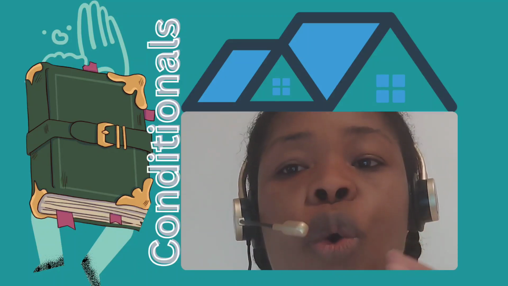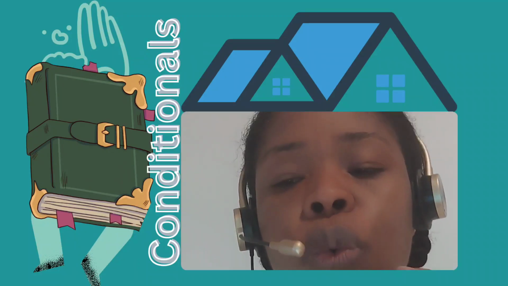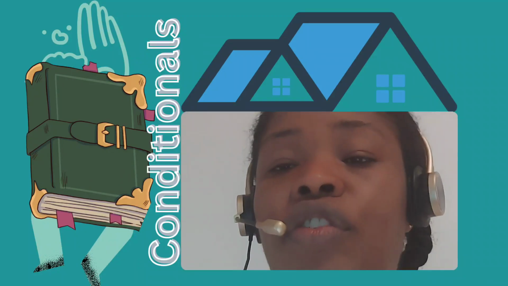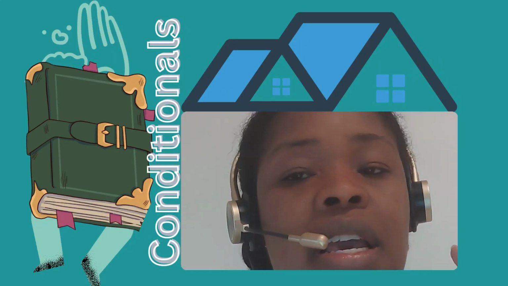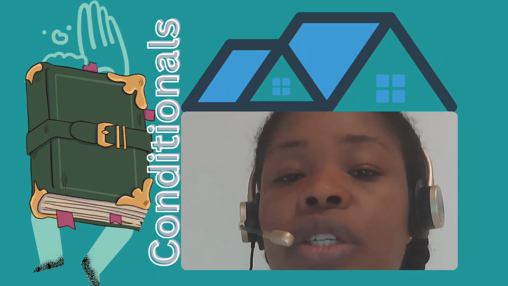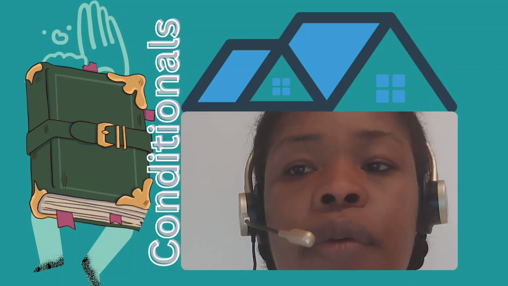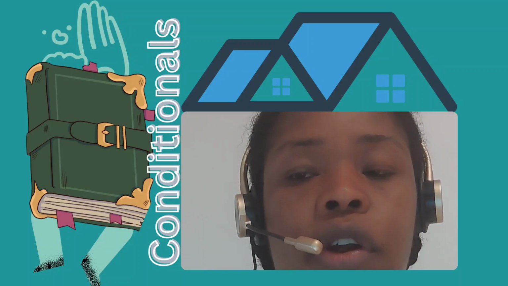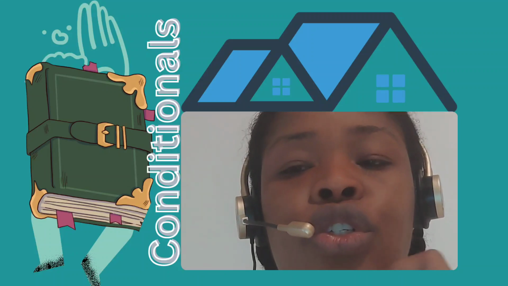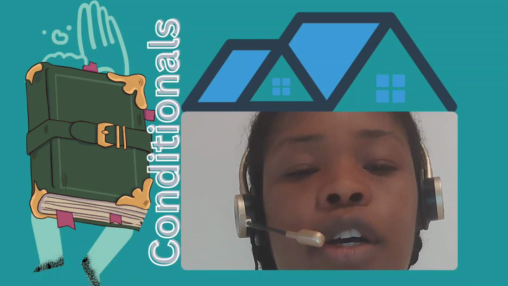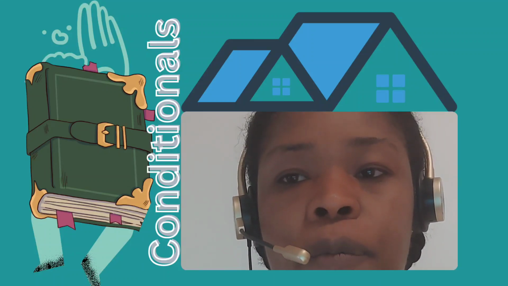So if I won the lottery, won is the past tense of the verb to win. So remember the structure is the past tense in the if clause. In the result clause, we have to use would plus the base form of the verb. In this case, I would buy a house. So the verb to buy becomes only buy.